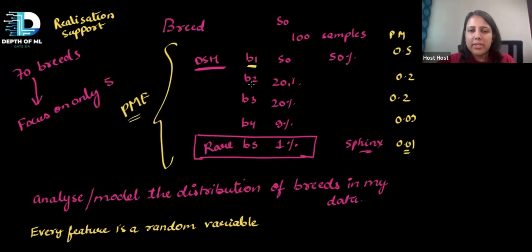I have just taken samples from that probability function. So because domestic short hair has a probability of 0.5 of occurring, I'm more likely to get DSH samples in my data set. Does this make sense?